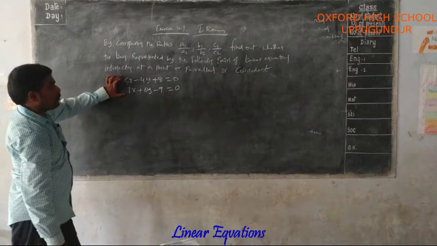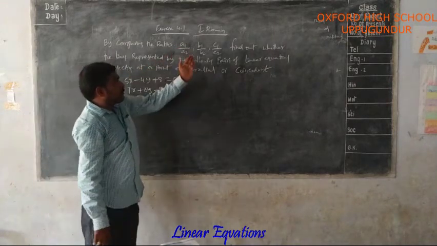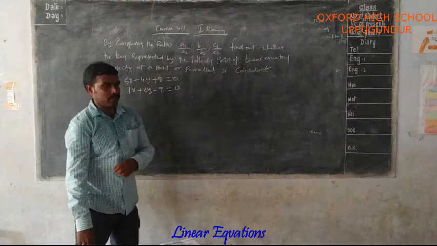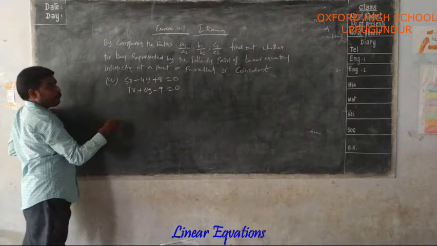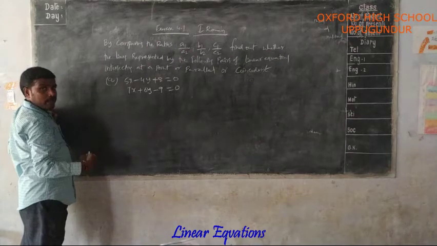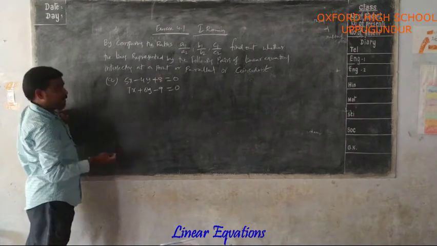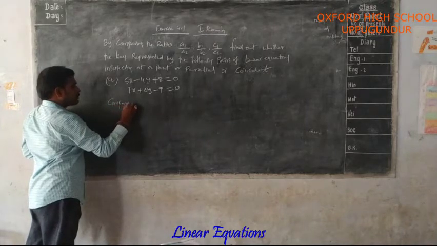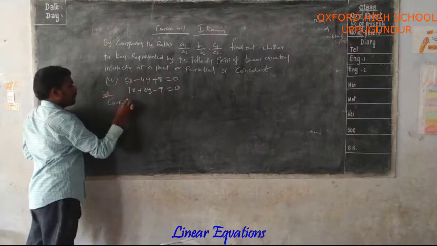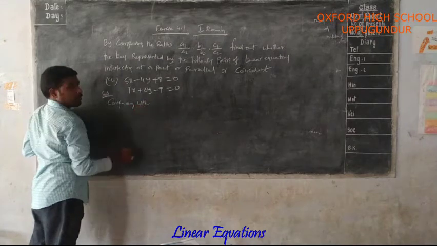So in this problem, comparing the ratios A1 by A2, B1 by B2, C1 by C2 means first you have to compare these two equations, the pair of linear equations, or you can call that a system of linear equations, with the standard form. What are those two equations?